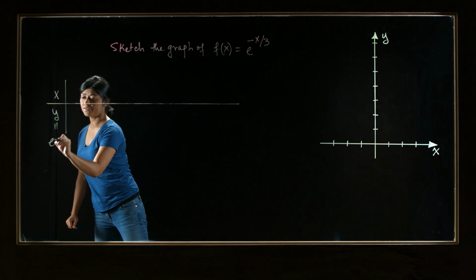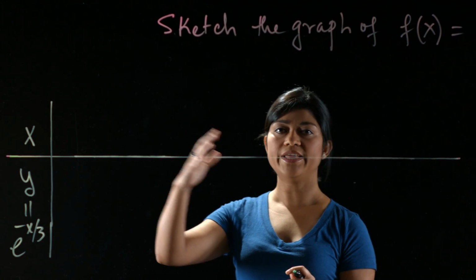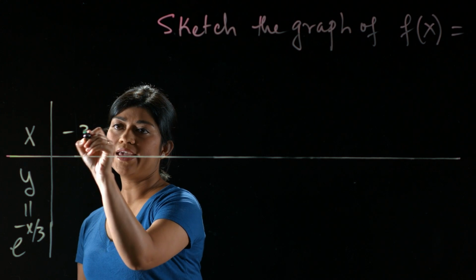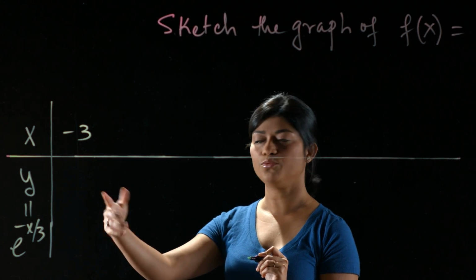So, y is e to the negative x over 3. Now, usually we choose some negative values and some positive values. So, let's choose say negative 3 and let's figure out what the corresponding y will be.